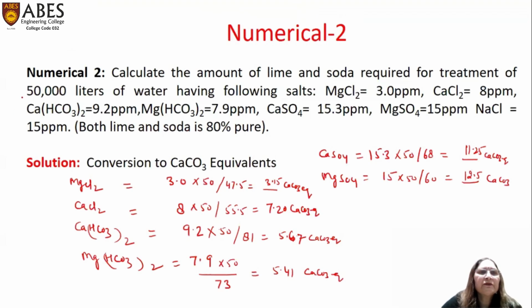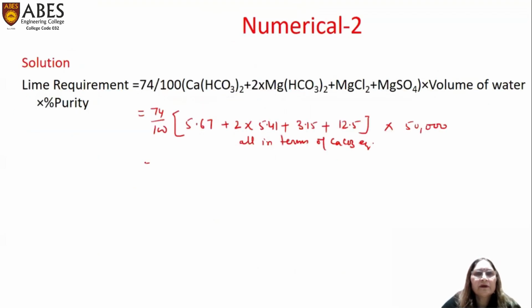You can see here 50,000 liters of water. Answer is 1.48 kg. That is the lime requirement.